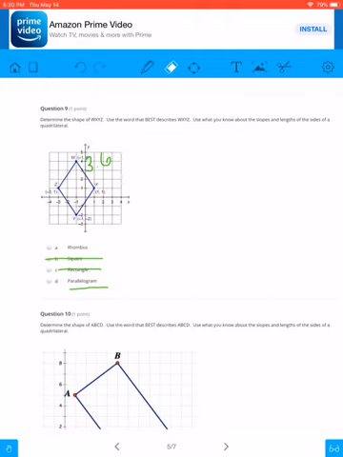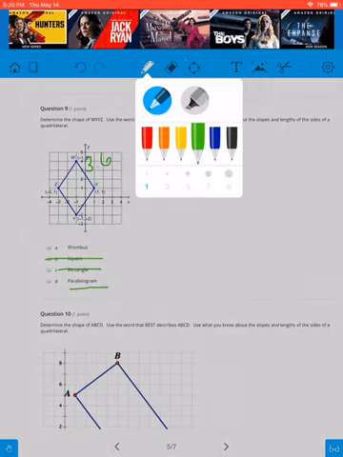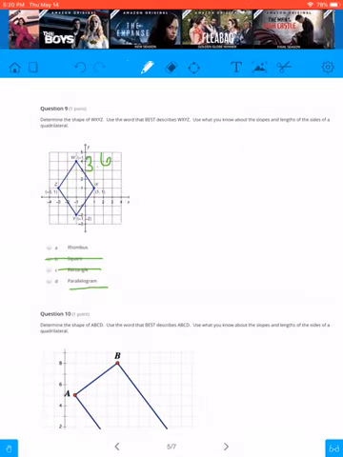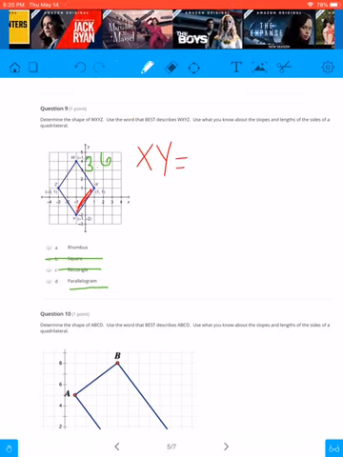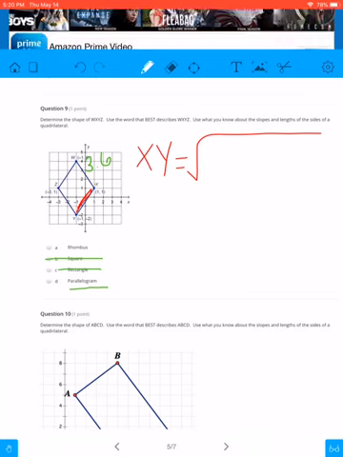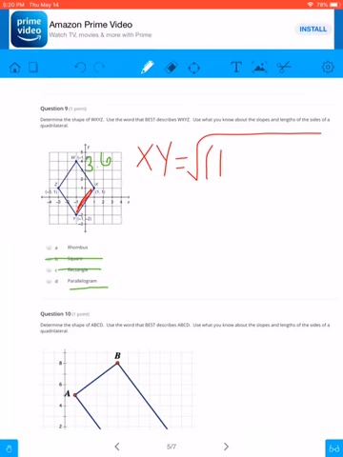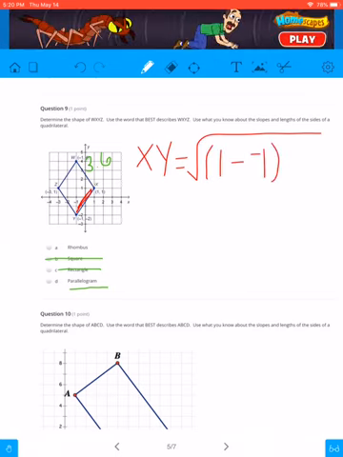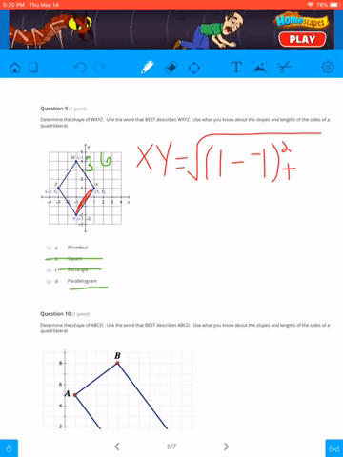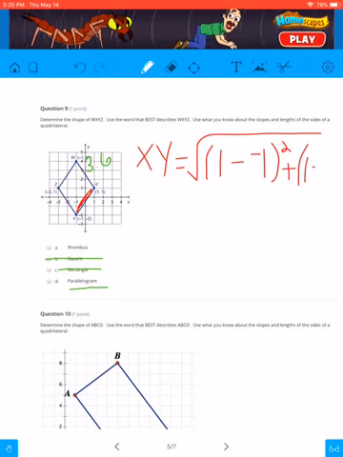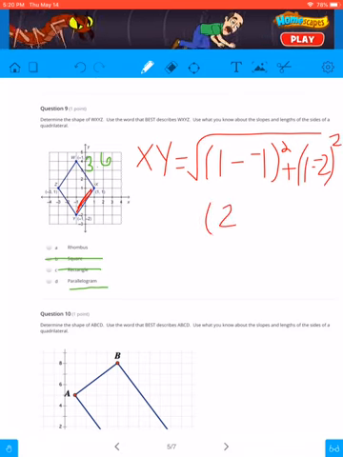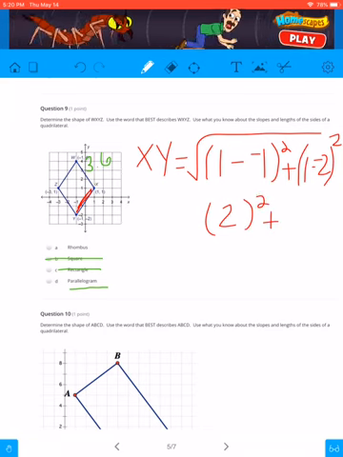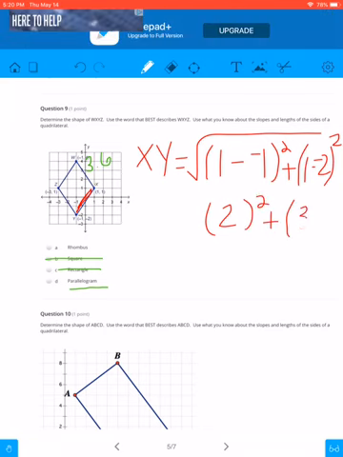And if we go from X to Y, we'll find this side length, X to Y. And if we do the distance formula and we take the difference in the X coordinates, it would be 1 minus negative 1 again. And then it would be 1 minus negative 2. So when you subtract these, it's actually adding, becomes 2 squared. These, it becomes 3 squared.